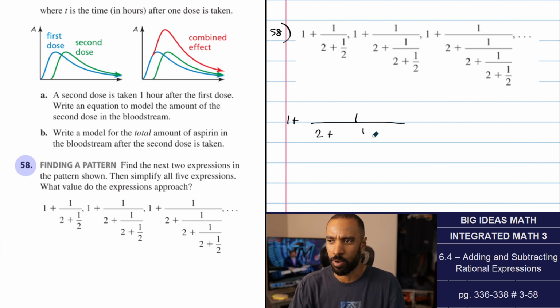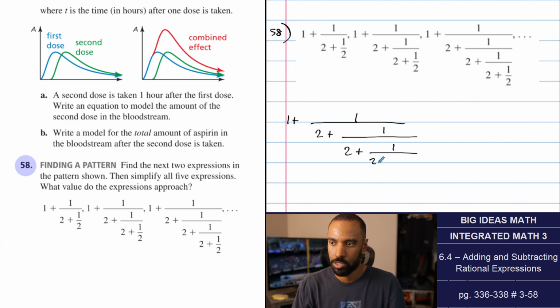I don't know if I'm saying that right, but I need to make sure that I have the right number of these here. We've got to do 1 over this, right? So 2 plus 1 over 2 plus 1 over 2 plus 1/2.